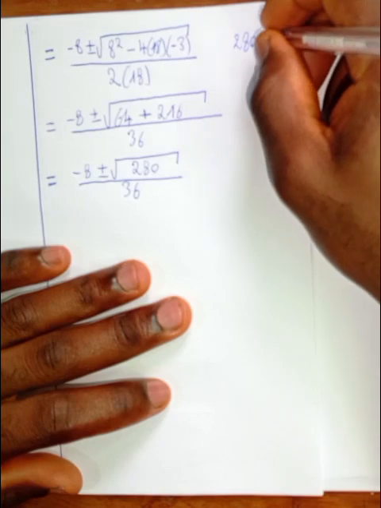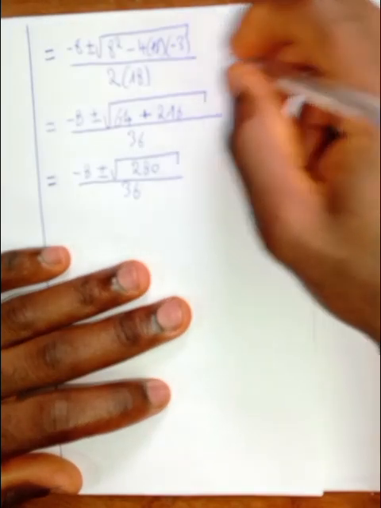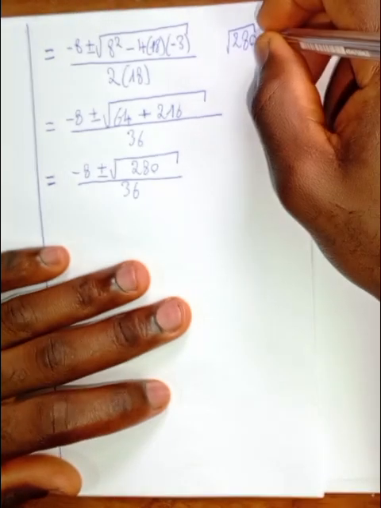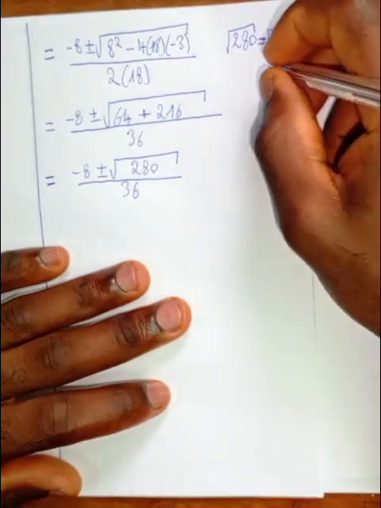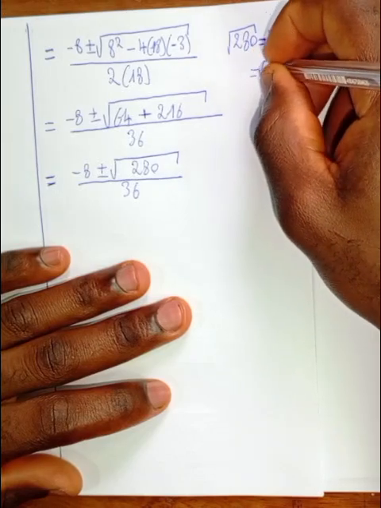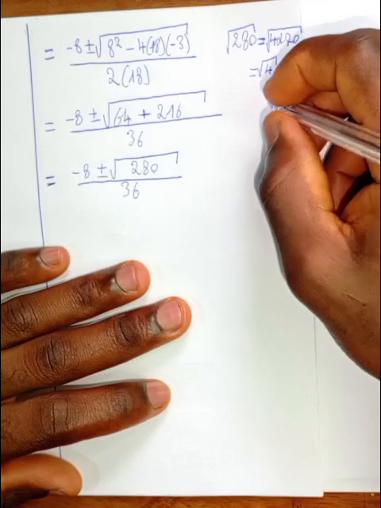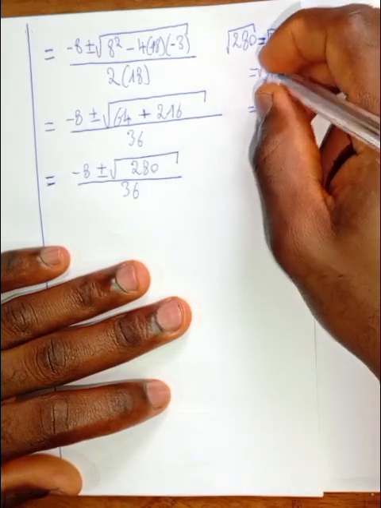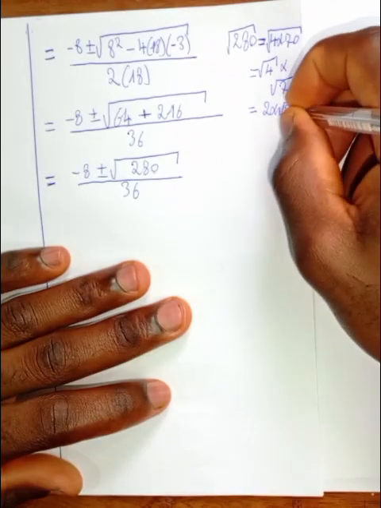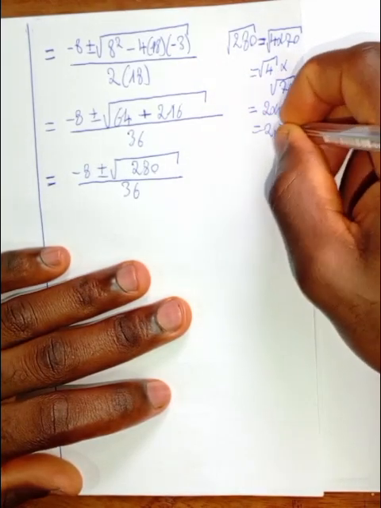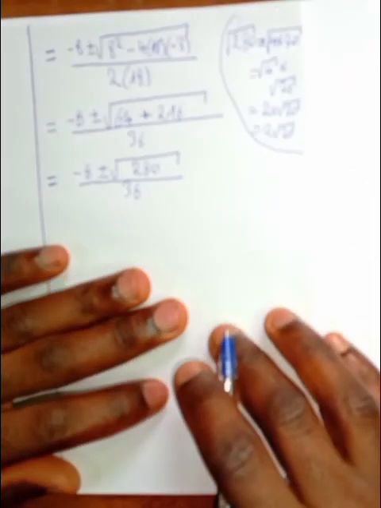We can write it as 280 equal to 4 times 70. If we take the square root on both sides, the square root of 280 will be equal to the square root of 4 times 70, which is equal to the square root of 4 times the square root of 70. We know the square root of 4 is 2, so this will give us 2 root 70. Take note of this. We are going to see this under surds.